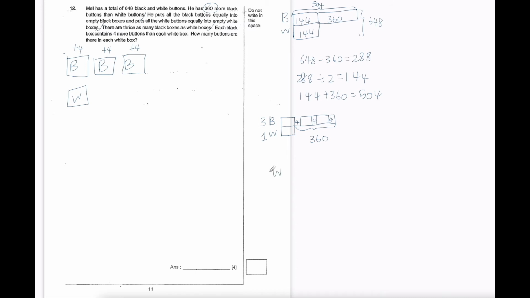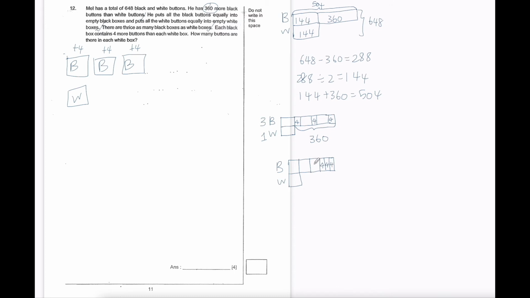If I were to draw another model, it's not going to be 1 white box anymore. Okay, it's going to be just black and white. We're not dealing with 1 and 3 anymore. I will draw it in such a way you guys can see it, okay? So there are 3 units of black boxes, correct? And then there will be 4, 4, 4.